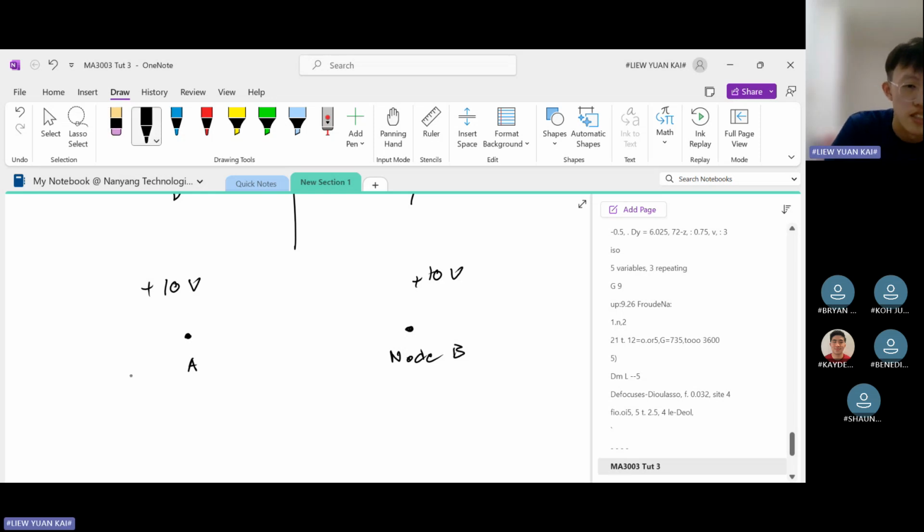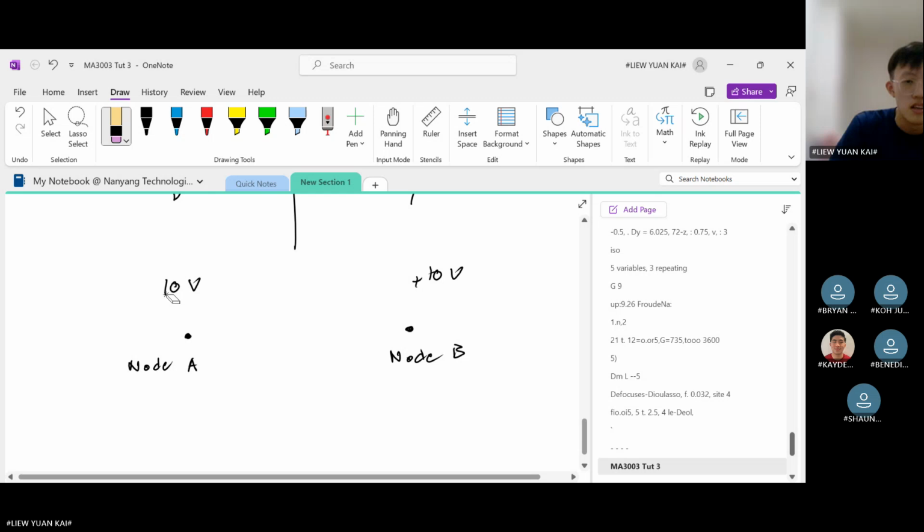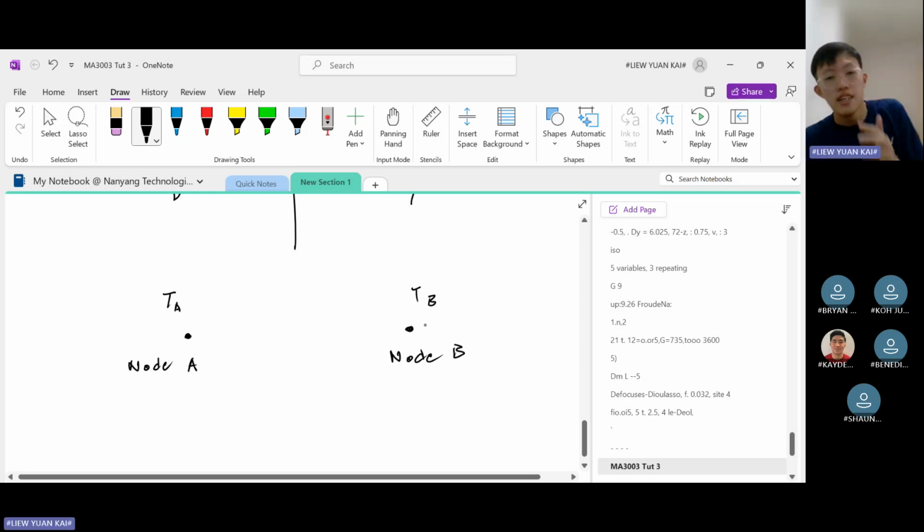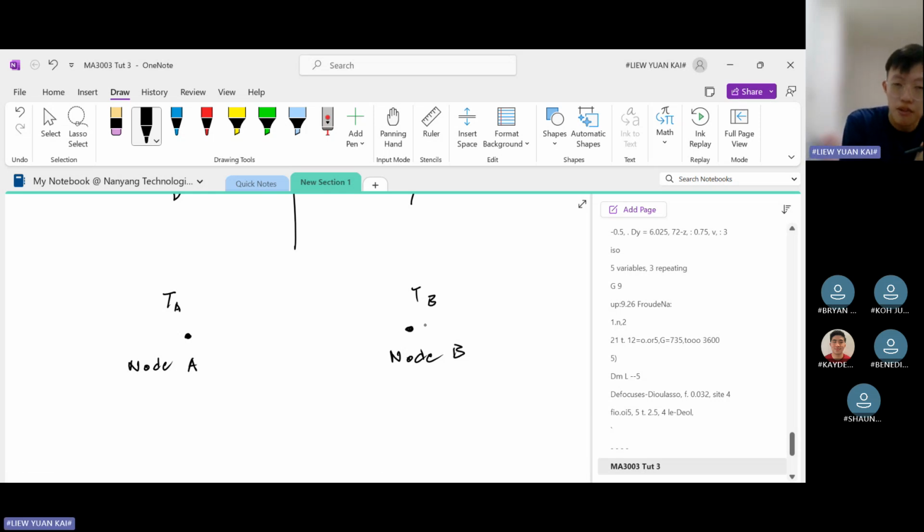Let's still call this node A and node B. Let's say this is temperature A and this is temperature B. In order for heat to flow from node A to node B, there must be a difference in temperature. You see how similar they are? For electrical circuits, I need a difference in voltage values between the two nodes.